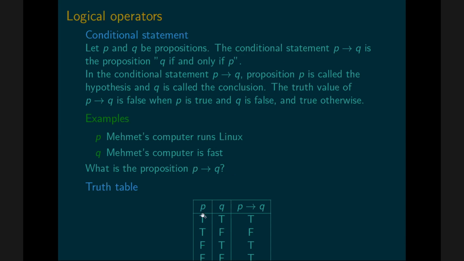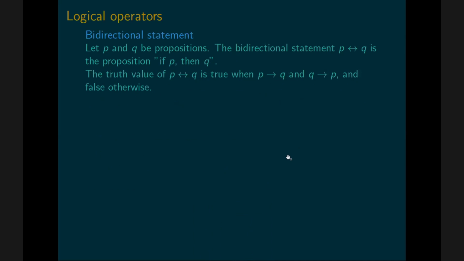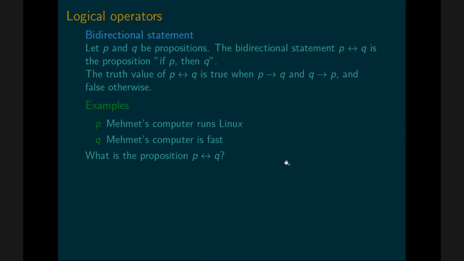So what you need to remember is that if, for example, the hypothesis is false, then we don't care about the conclusion. The implication is true. And then we have if and only if, which becomes false if the conclusion is false but the hypothesis is true.